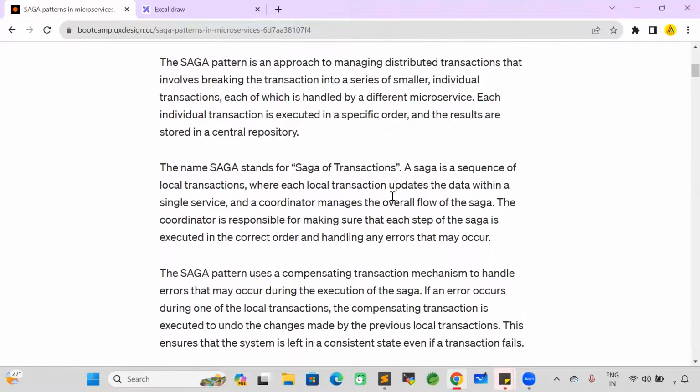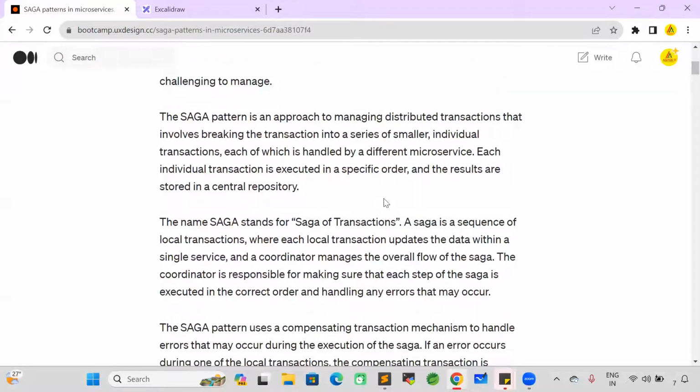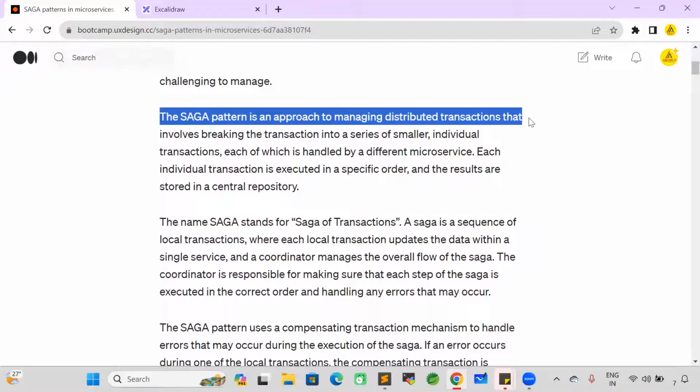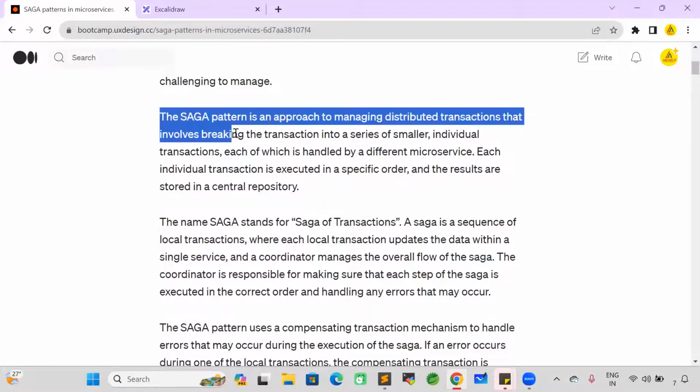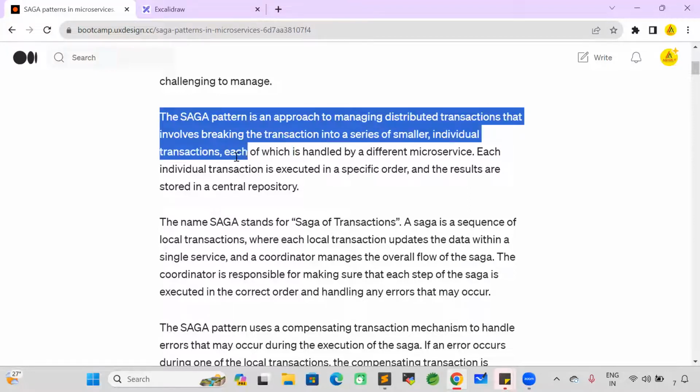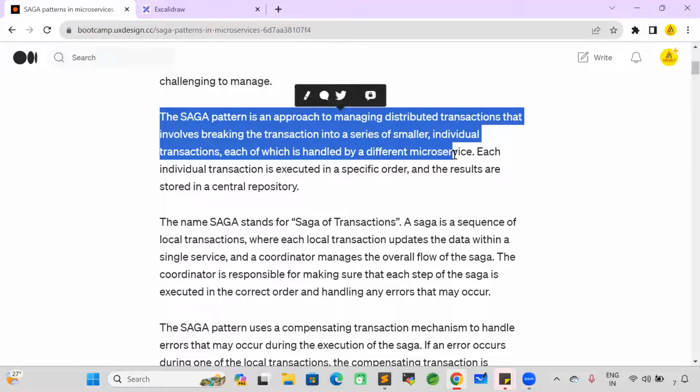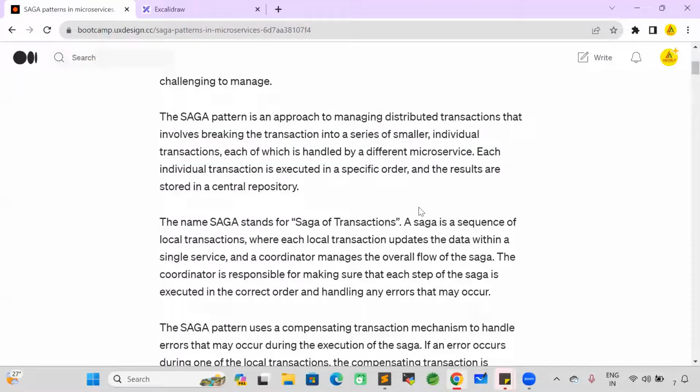So in order to manage the transaction among multiple microservices, we go for the SAGA pattern. The SAGA pattern breaks the complex transaction into smaller individual transactions which are handled by different microservices. Each individual transaction is executed in order and the results are stored in a central repository.